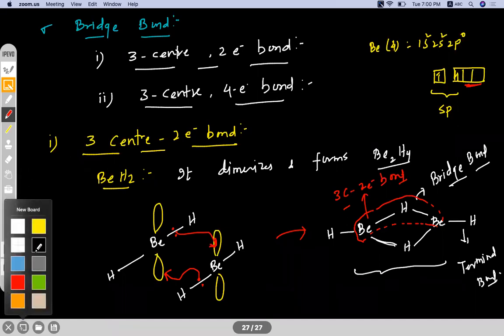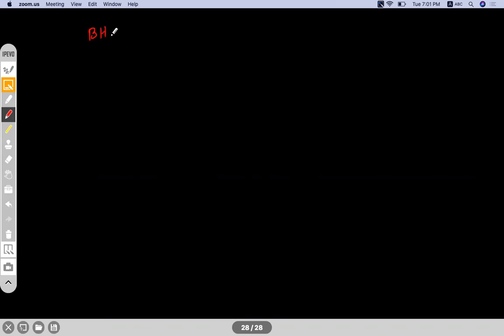Another important example, and in fact this one is more important, is BH3. BH3 dimerizes and converts into B2H6. B2H6 is diborane.